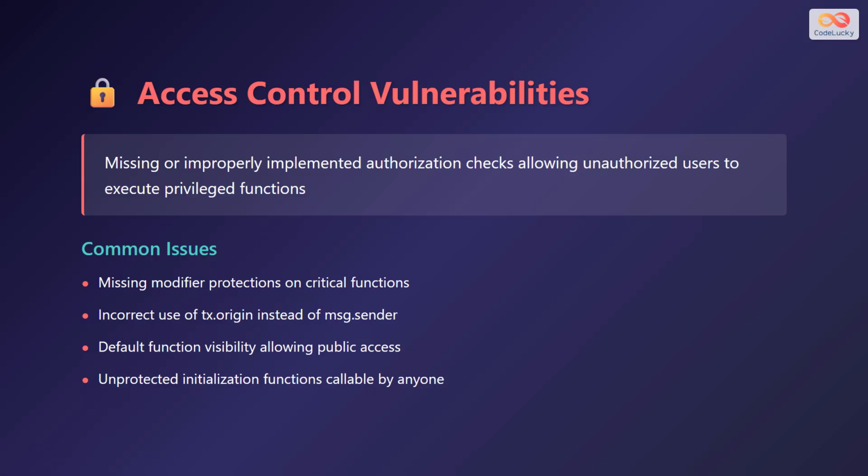Developers incorrectly use transaction origin instead of message sender for authentication, which can be exploited through phishing attacks. Functions may have default public visibility when they should be restricted to internal or private access. Initialization functions might be left unprotected, allowing attackers to claim ownership of deployed contracts. Each of these mistakes can lead to complete contract takeover and fund theft.